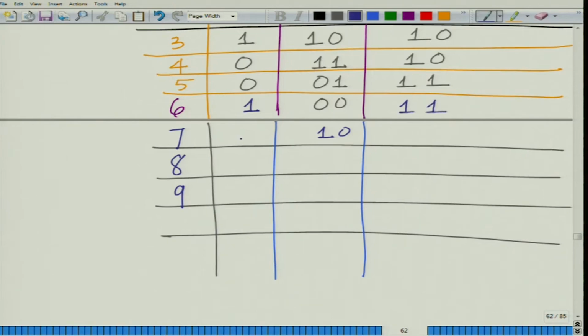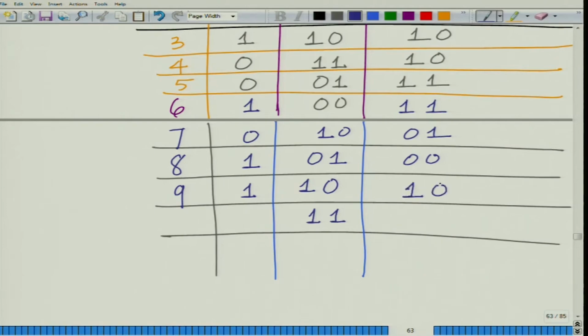At time instant 7, input is 0, next state is 0 1, output is 0 1. At time instant 8, input is 1, next state is 1 0, output is 0 0, and at time instant 9, finally input is 1, next state is 1 1 and output is 1 comma 0.